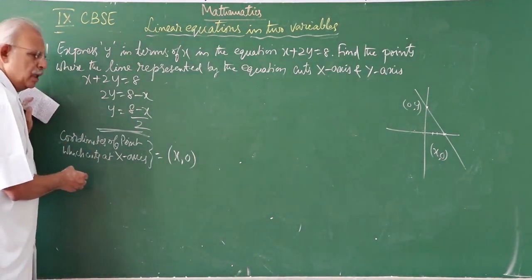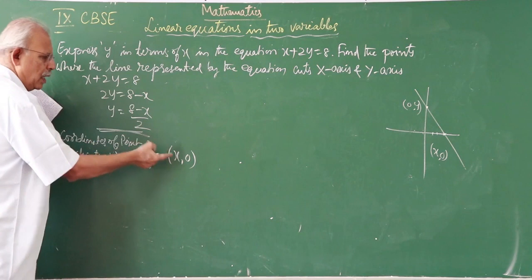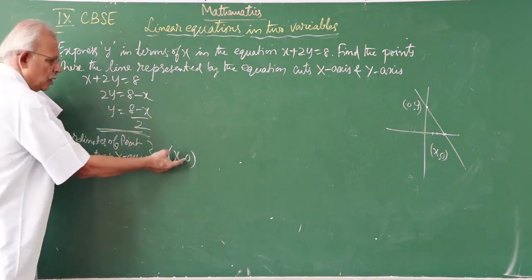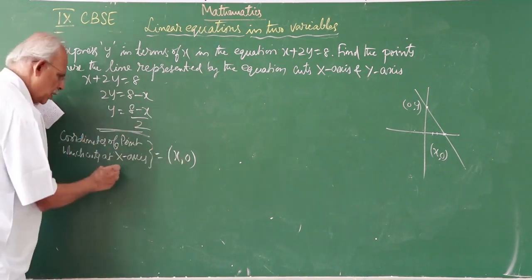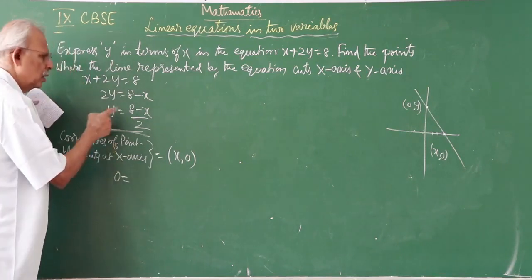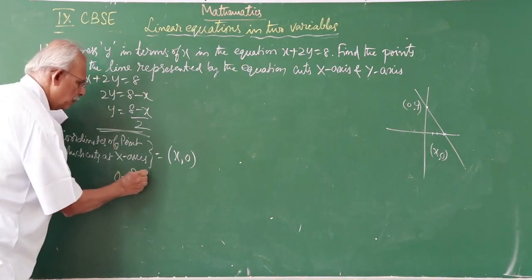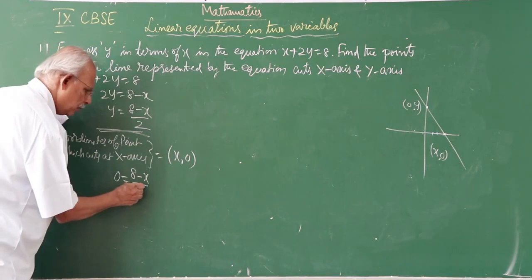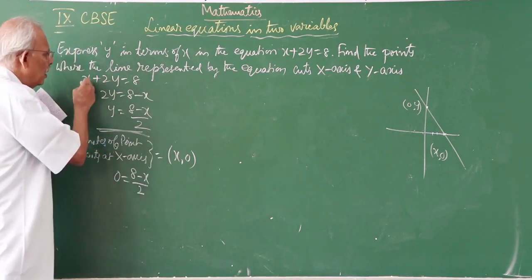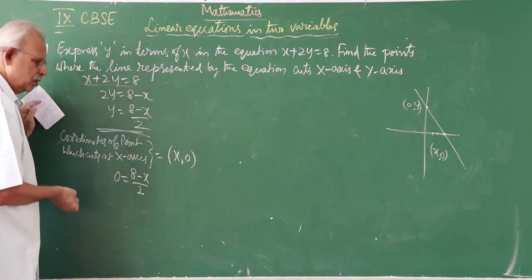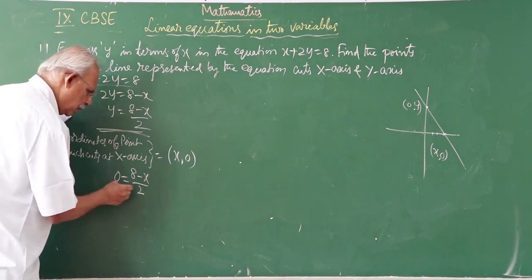Now, look here, substitute these values. Substitute the value of y. Now in this equation, 0 equals 8 minus x by 2. Or else you can directly take this and do. No matter.